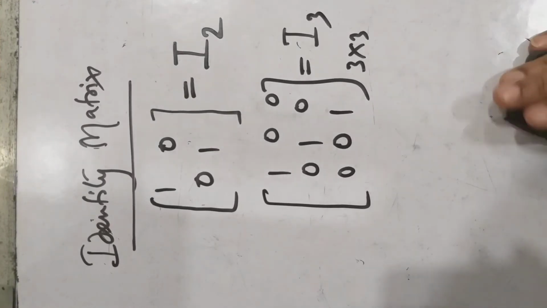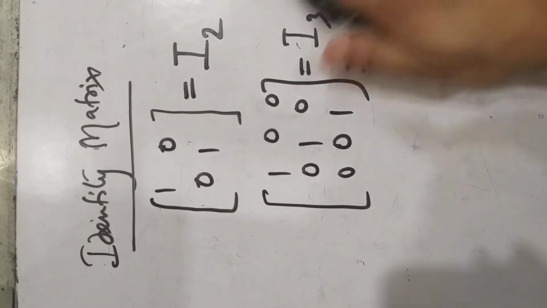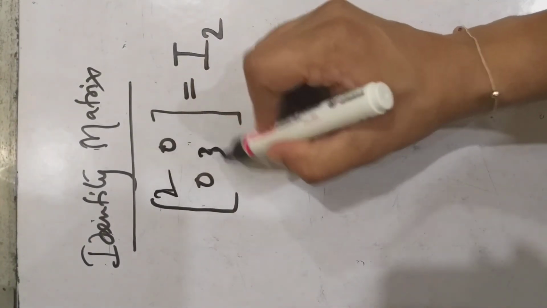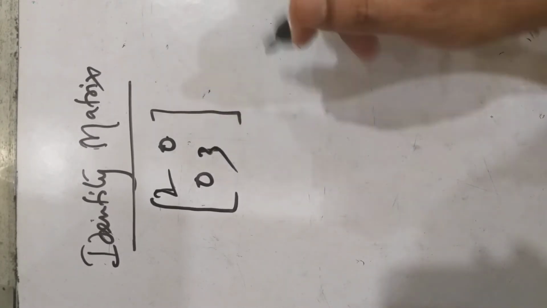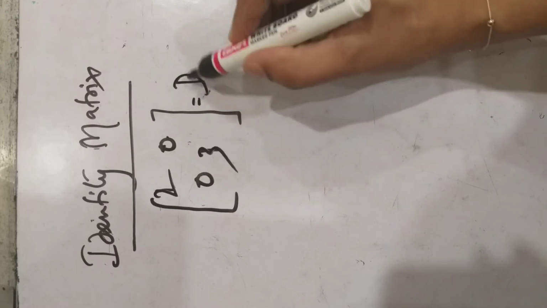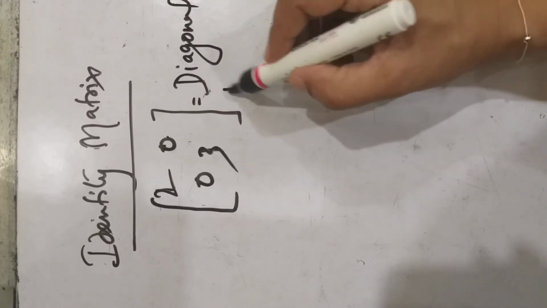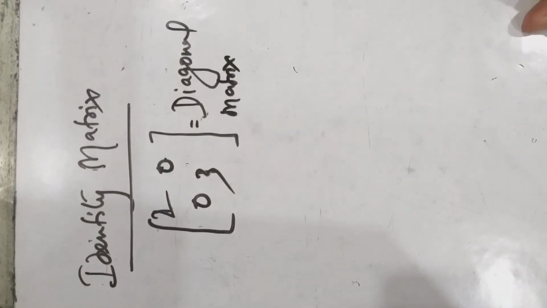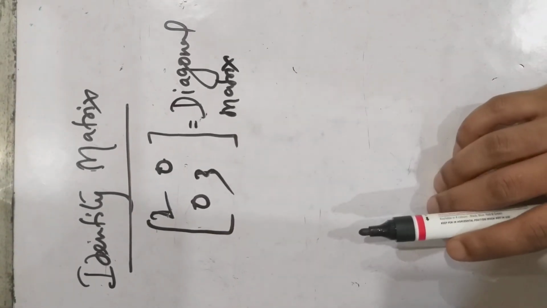If you have a matrix whose diagonal elements are non-zero, say 2, 3, and non-diagonal elements are 0, then this is called a diagonal matrix. A diagonal matrix is the one whose diagonal elements are non-zero.